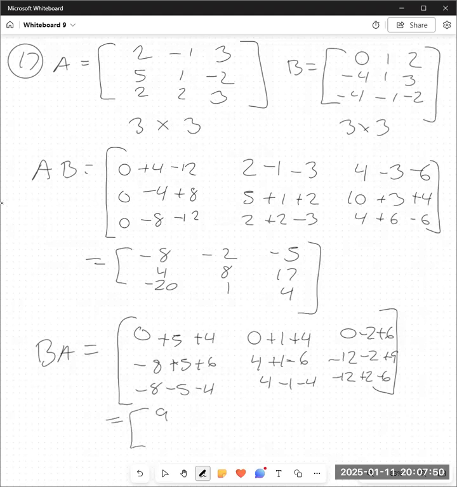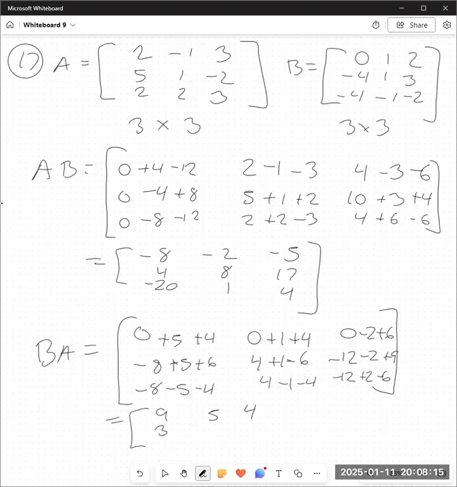It's a 9, that's a 5, that's a 4, that's a 3. That should be a plus 6.